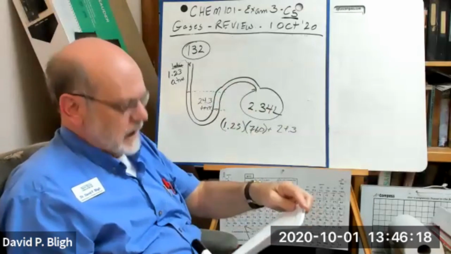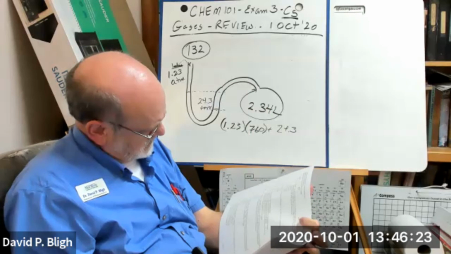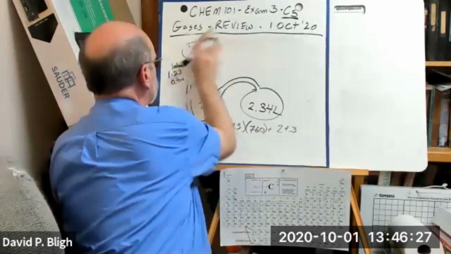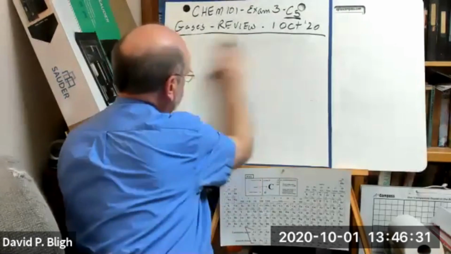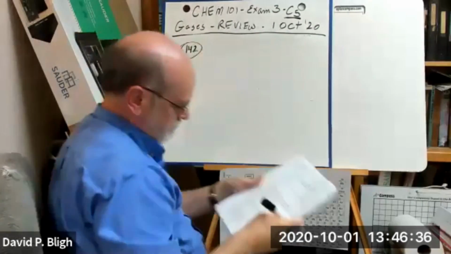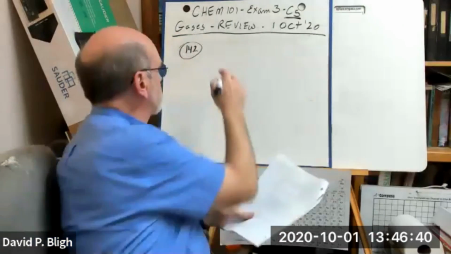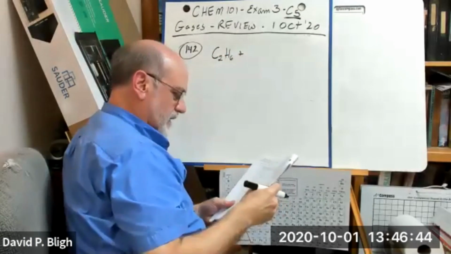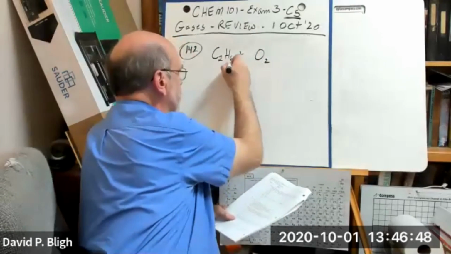Okay, I got one more. All right, one more, 142. Consider the reaction between ethane, C2H6, and oxygen. These are both gases.